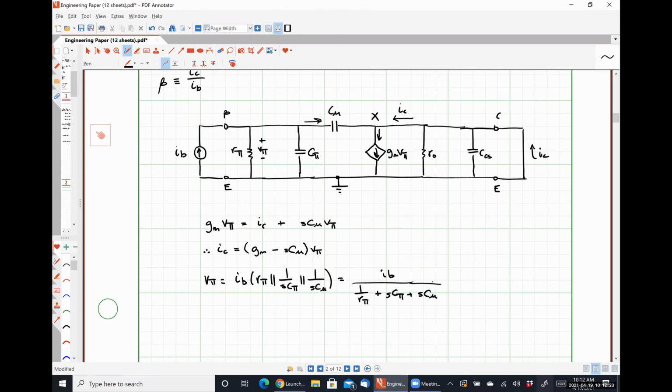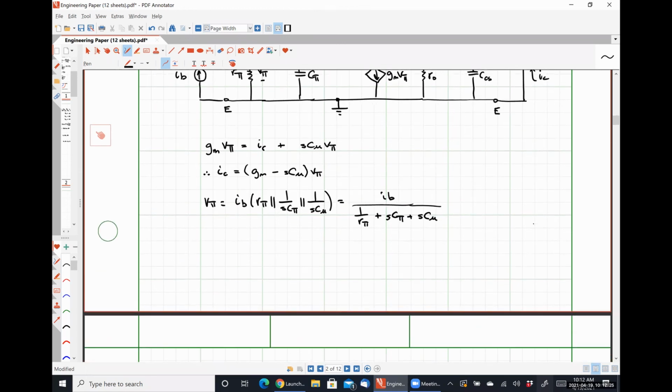And from this, I can say that beta, which again is simply the ratio of IC to IB, is going to be this expression, GM minus S C mu.